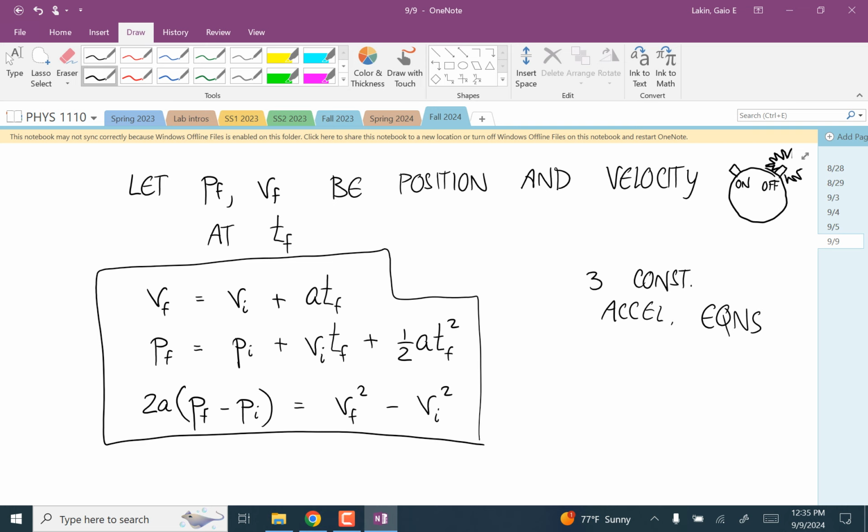Have you ever heard the expression distance equals rate times time? That is actually a sub-case of this second one. So distance equals rate times time only works if the acceleration is 0. It works if you're driving your car and you're going basically 60 miles an hour the whole time, because there's no acceleration.